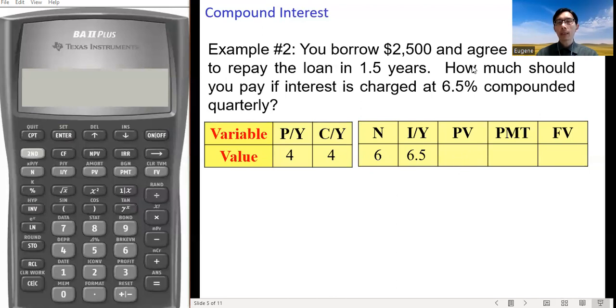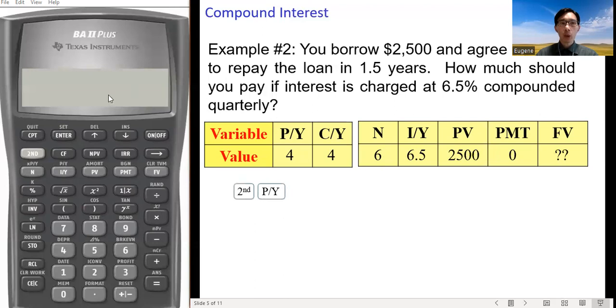PV is the amount of money you borrow, 2,500. You borrow the money, that means you receive the money at the time of your borrowing. So this is a cash inflow. So PV is positive 2,500. PMT equals 0. We need to get the value of FV.